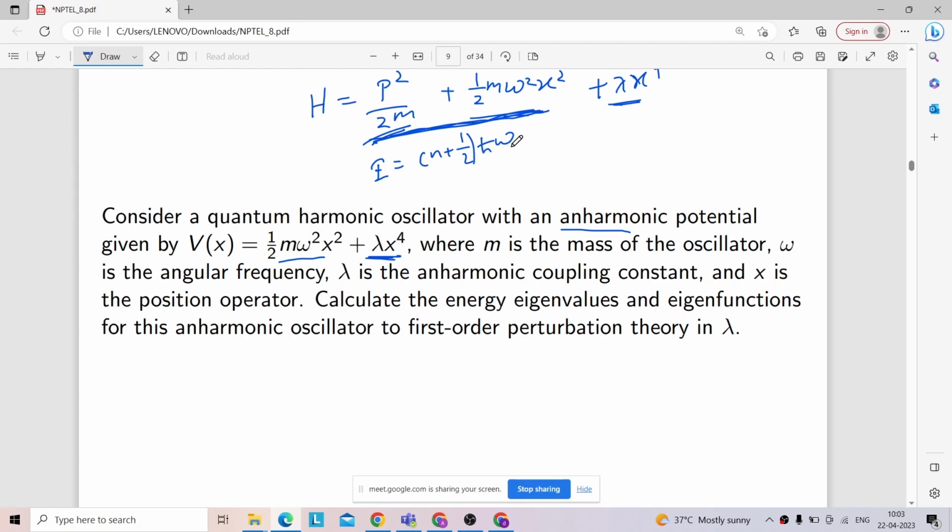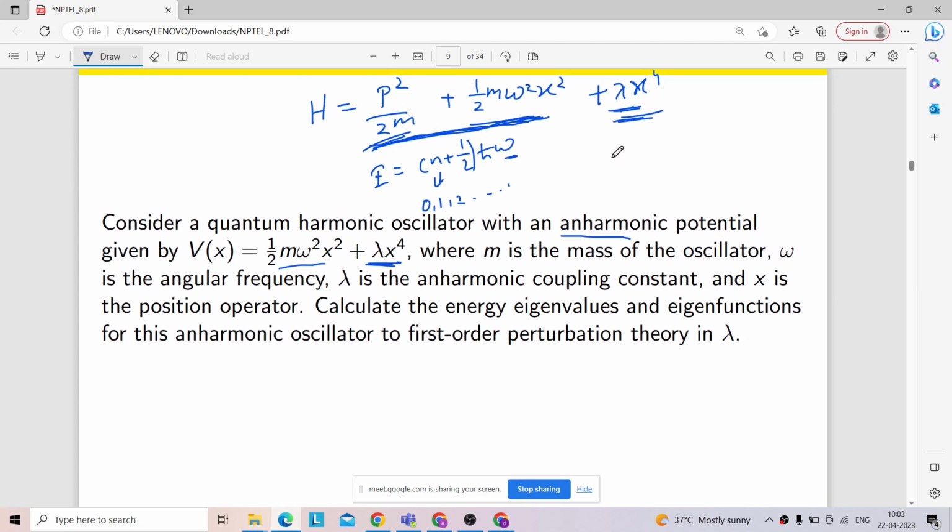Where omega is the frequency and n is the quantum number which goes from 0, 1, 2 up to infinity. Now we have an extra potential, lambda x to the power 4.